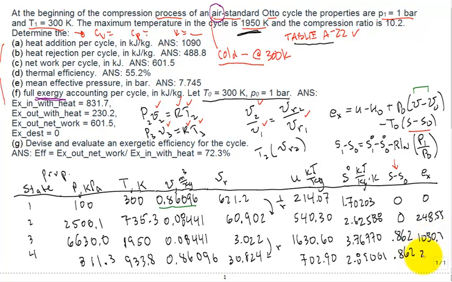And then 230.2. What are the units on this? Kilojoules per kilogram. What were the units on the change in S? Kilojoules per kilogram Kelvin. And of course I ran out of room, but there you go. These numbers are going to be needed when we do the exergy balance.